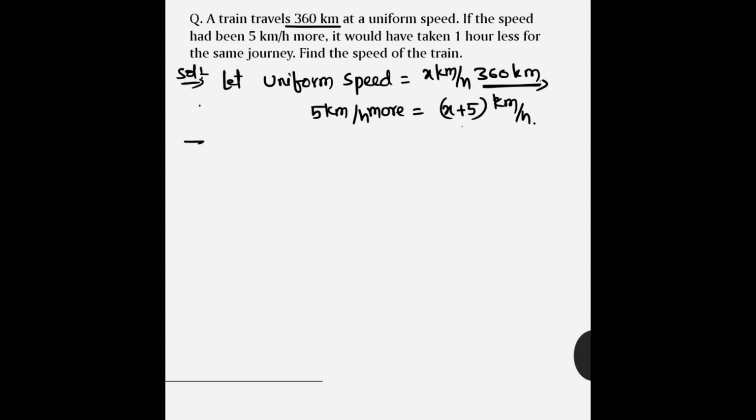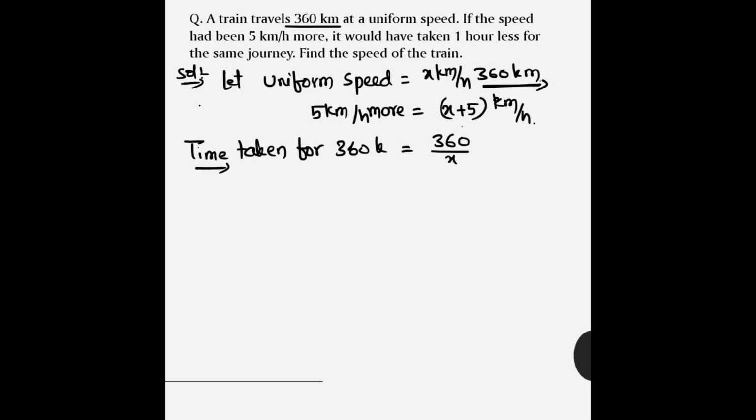Now the time taken for the uniform speed to cover the 360 kilometers is equal to 360 divided by x. That is the total journey divided by the speed, which gives the time taken for the uniform speed.